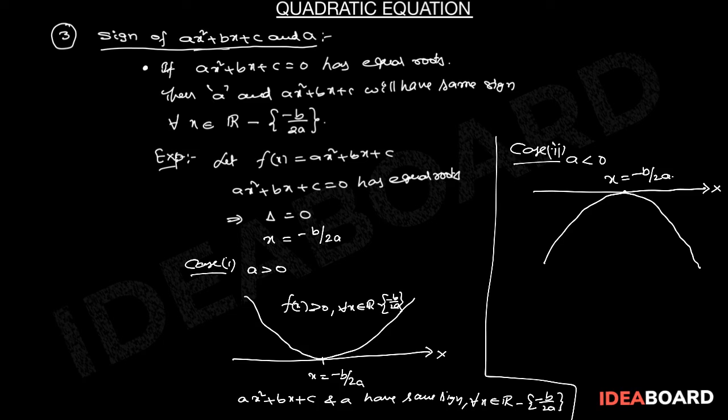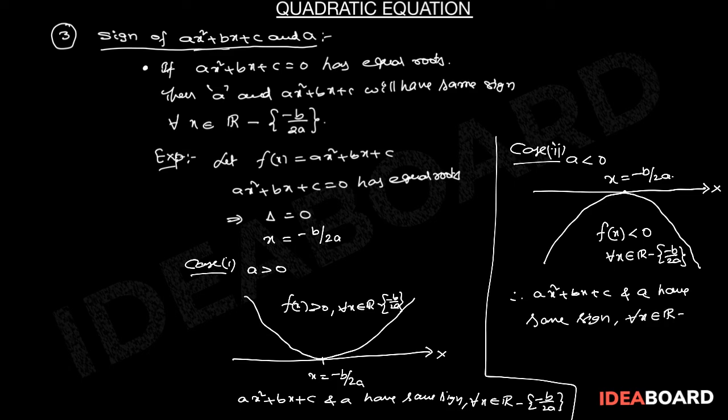Here the curve below the x-axis, so f of x is less than 0 for all x belongs to set of all real numbers minus b by 2a. Therefore, ax square plus bx plus c and a have same signs. For all x belongs to set of all real numbers minus b by 2a.